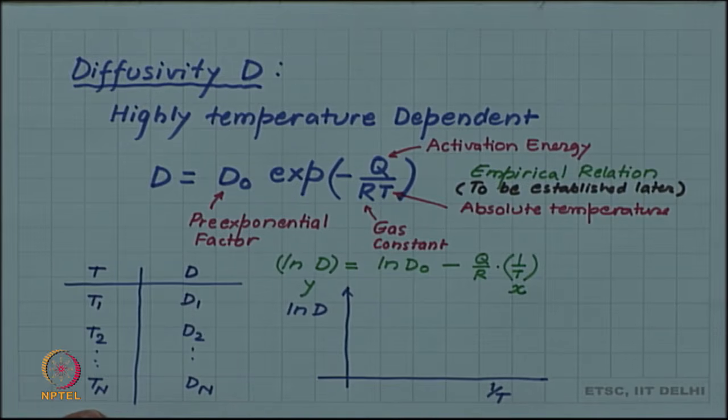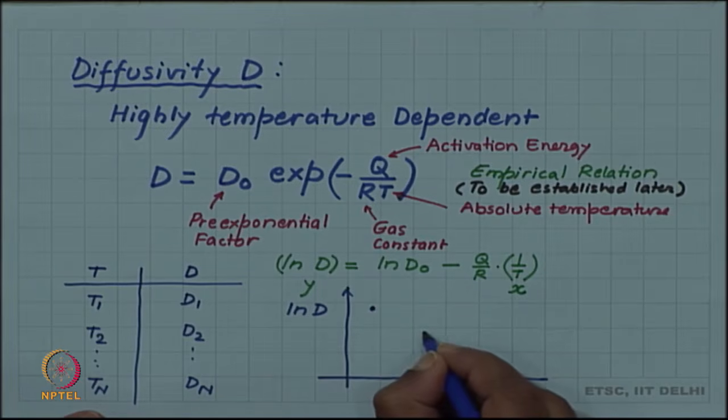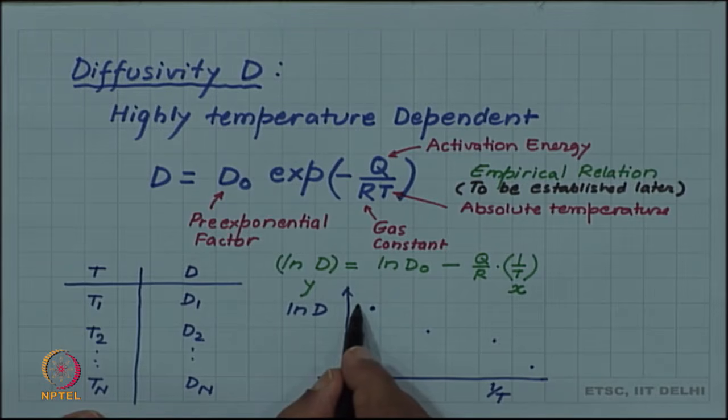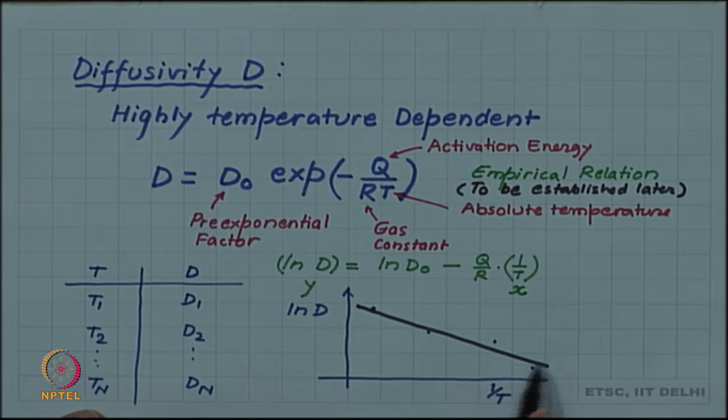If I plot this data of diffusivity versus temperature, then these data should give me a straight line. Since it is experimental data, all of them may not be exactly on a line, but it should follow a line.